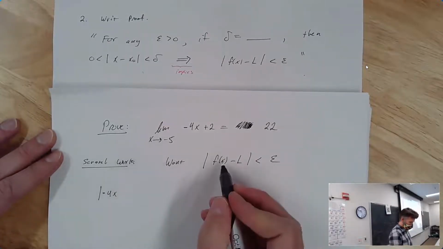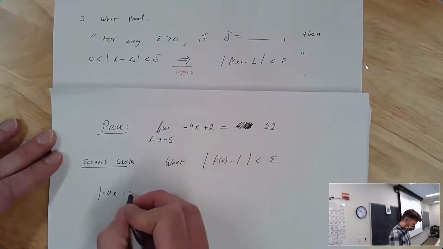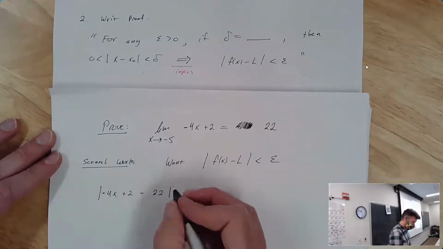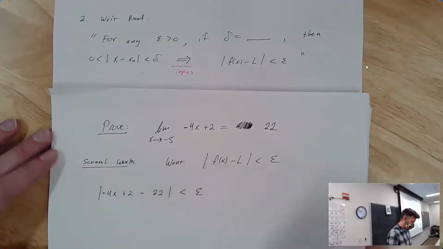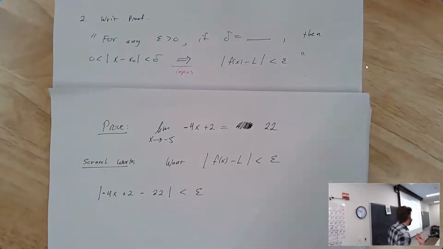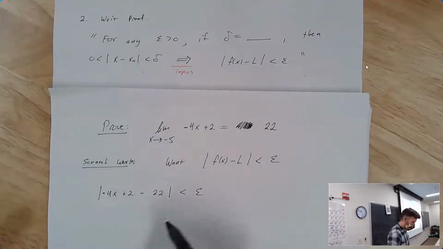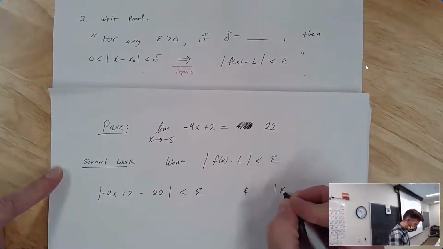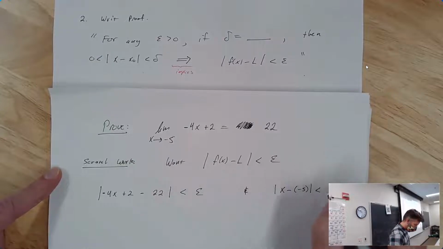So we want the absolute value of the function minus the limit to be less than epsilon, and we're just going to solve. We also want the absolute value of x minus -5 to be less than delta.